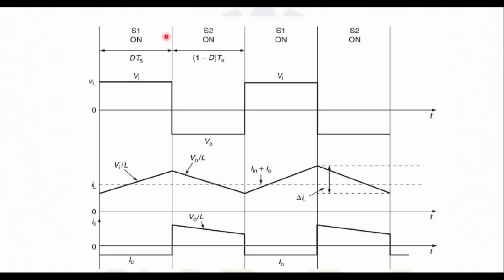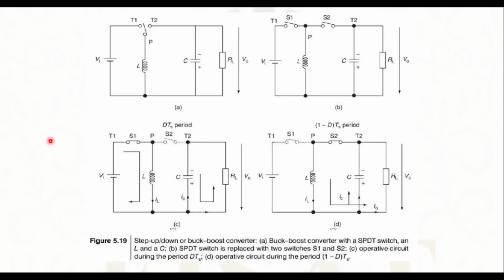We can see from this figure, during S1 on, or D·Ts time, S1 is closed and S2 is open. So the entire input voltage is available across the inductor. And during the (1 minus D)·Ts period, the voltage across the inductor is equal to the output voltage.